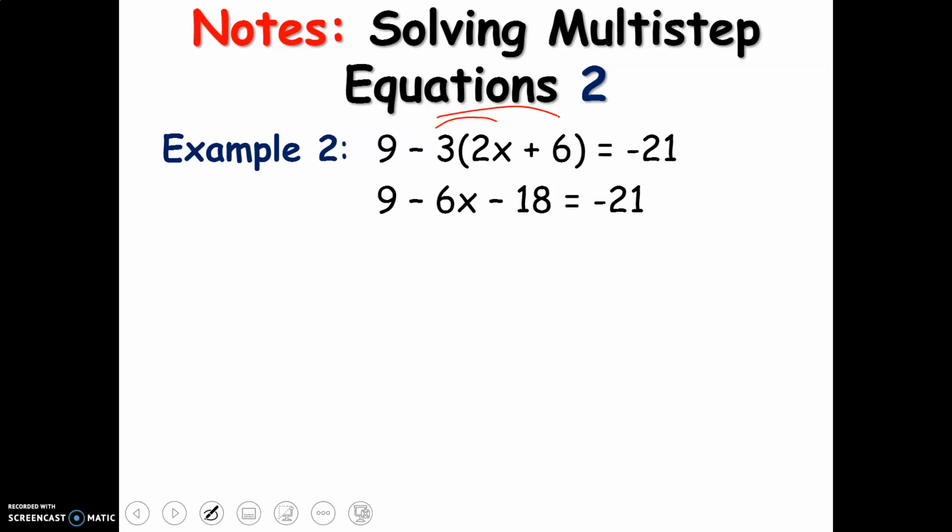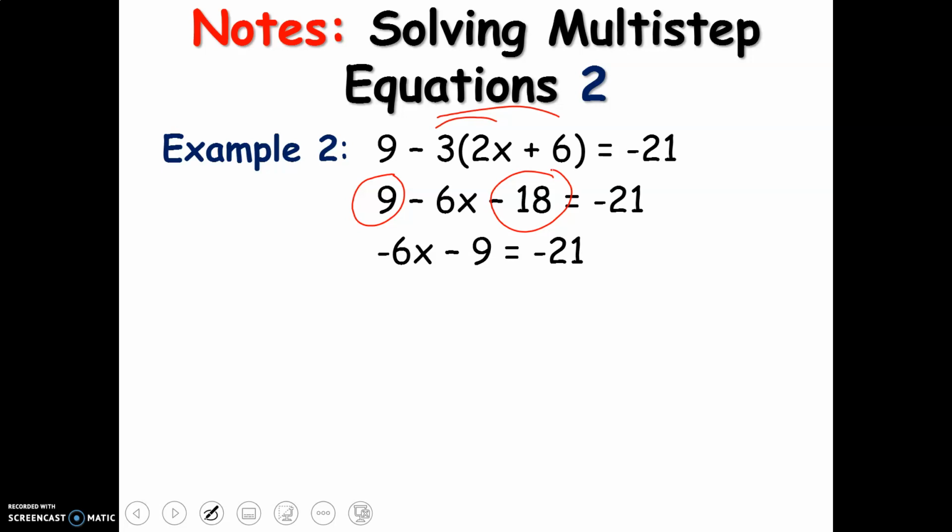One of the more common mistakes here is forgetting the signs. Now we want to combine like terms. Note here, 9 and negative 18 are like terms because neither of these has a variable x. 9 and negative 18 makes a negative 9. So this becomes negative 6x minus 9 is equal to negative 21.